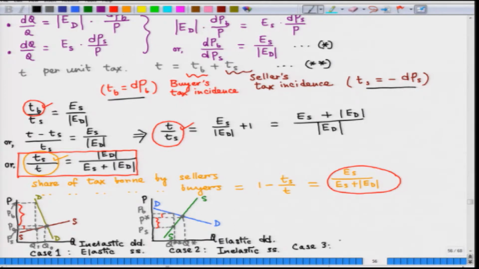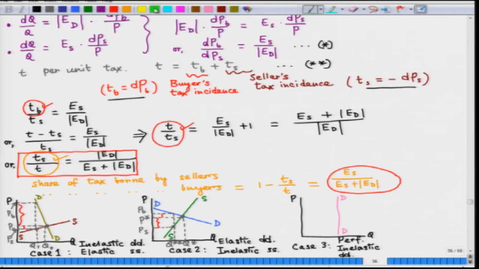perfectly inelastic demand. Okay. So, in this case we know we are going to observe a vertical demand function like this, DD, and in that case we cannot change the demand function to analyze what is going to happen when the government imposes a unit tax.